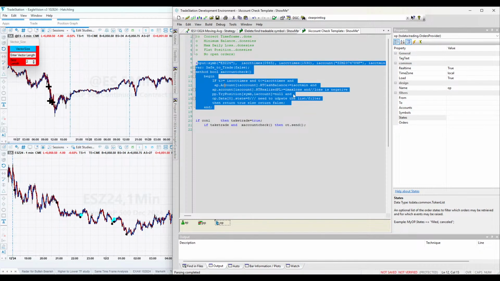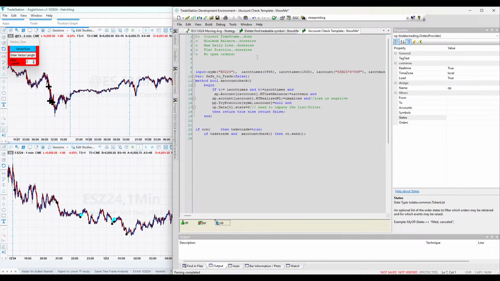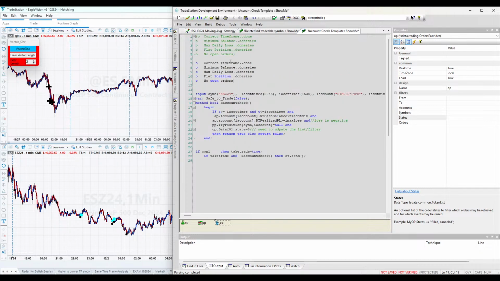I like those. Next thing, and I'm not going to do this right now, I'm actually about to get out of here, but next thing I want to do is work on my order tickets. So I'm just going to pretty much copy and paste my order tickets as well.